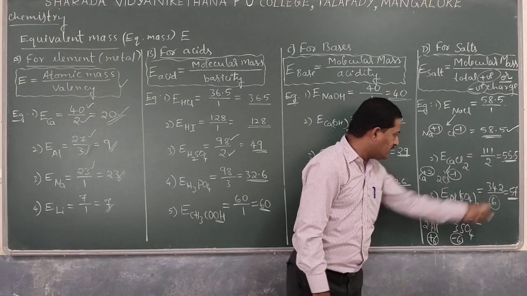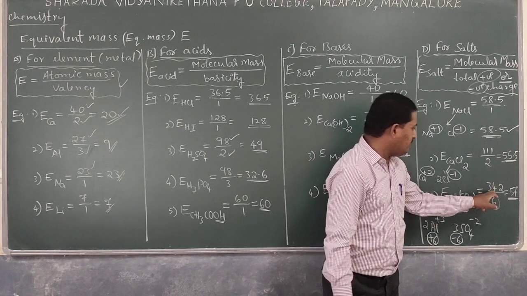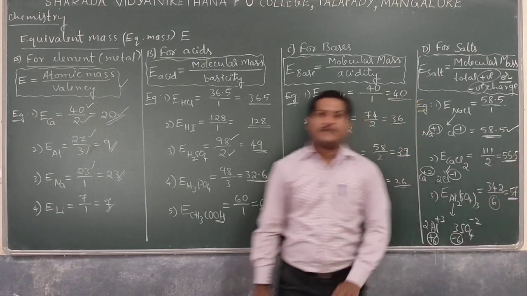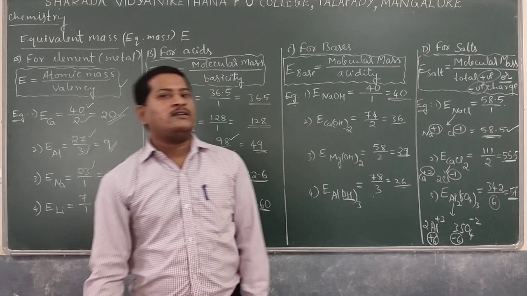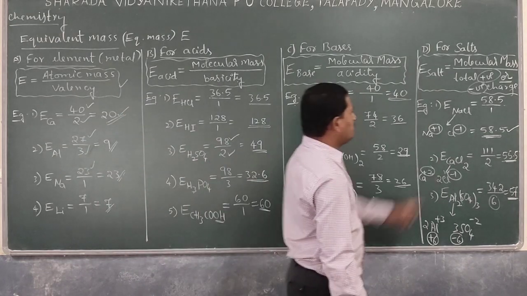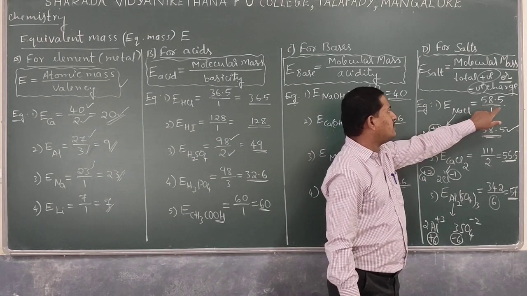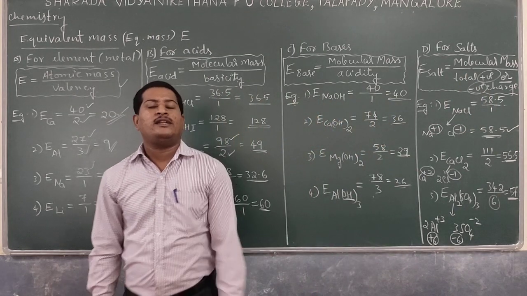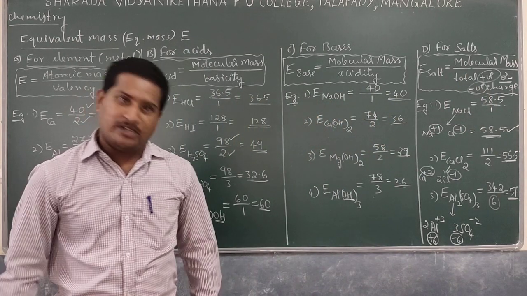So the total charge present is 6. As a result, 342, the molecular mass of aluminum sulfate, divided by 6 equals 57. So here also, equivalent mass equals molecular mass of the salt only if the positive or negative charge present is 1. Like that, it is possible to find equivalent mass for different species.